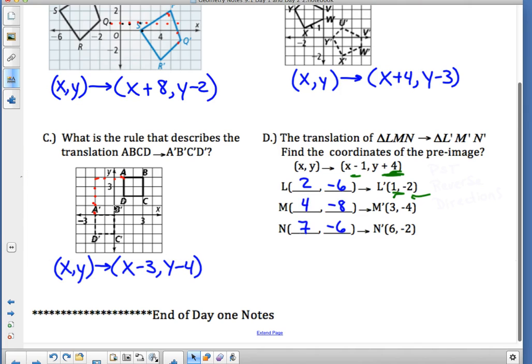Remember, we are reversing the rule, okay, because we're trying to get back. We reverse the rule and try to get back.